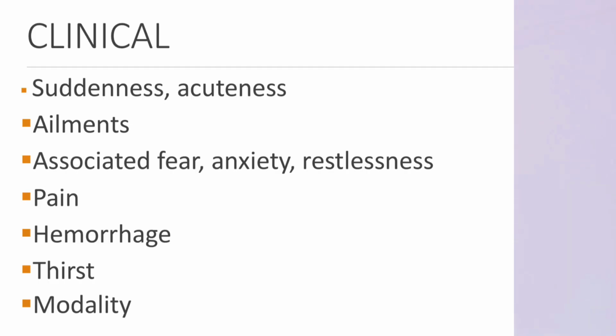Calmness contraindicates aconite. You have to keep this in your mind, right? Thirst is very peculiar, especially in fever. And the pain is intolerable, shrieking with pain. Then the hemorrhage, bright red bleeding associated with fear, anxiety, restlessness. And thirst I mentioned. Then the modalities. So these things clinically you have to remember about aconite. That's all about aconite.